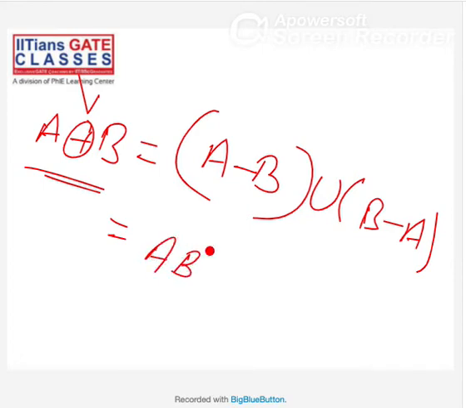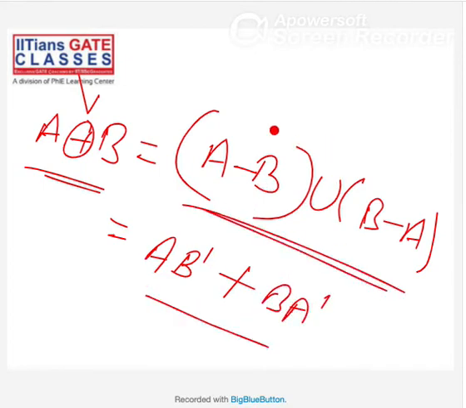So I can write A intersection B dash, union, B intersection A dash. Both are the same. Anyway, this is our symmetric difference, if you remember.